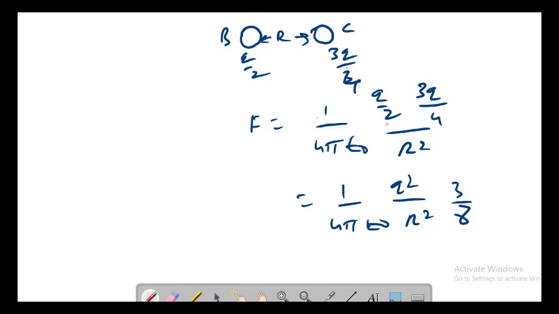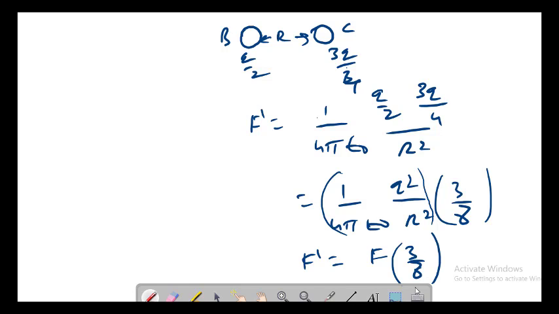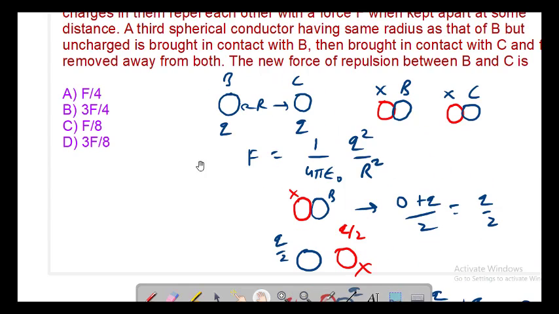This quantity in the bracket is actually the original F, so the new force F dash is 3F by 8. The force will become 3F by 8, option D. This is the answer.